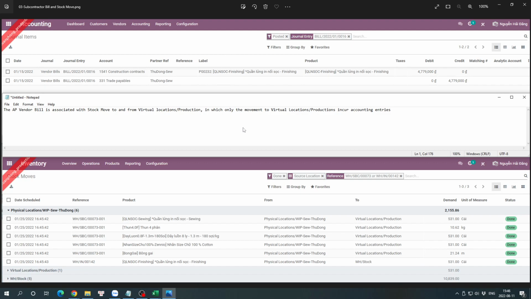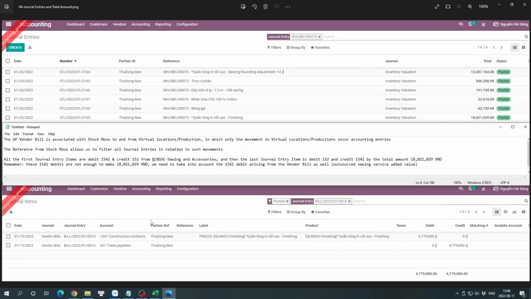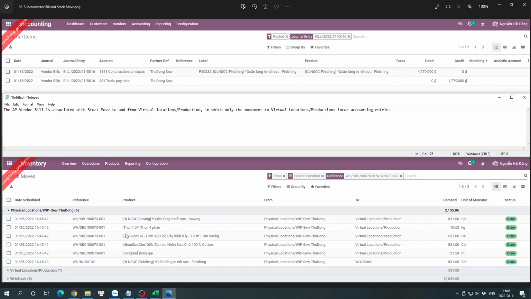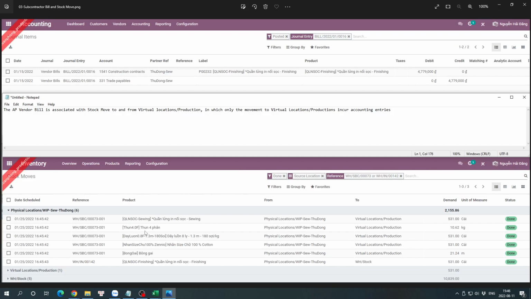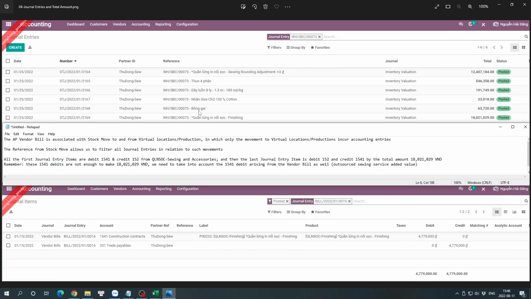Here, you see the journal entries related to the vendor bill again down here. But up here, what you see is the journal entries related to WH SBC 73, which is this reference number. So here you can see journal entries related to the consumption of these inputs.